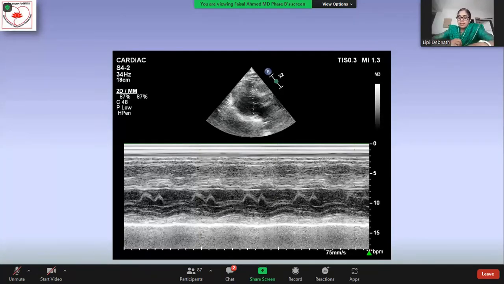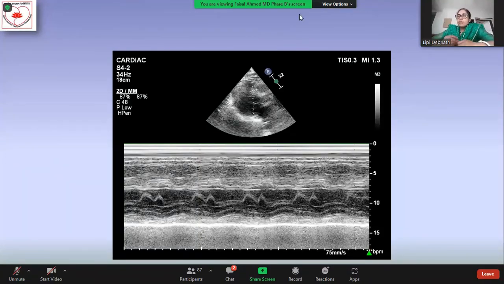Lead 1 is monitored at that time. There are two indications for the Lewis lead, for which this repositioning of the leads is done. One is visualization of the flutter waves, if we have any doubt whether it is flutter or fibrillation.